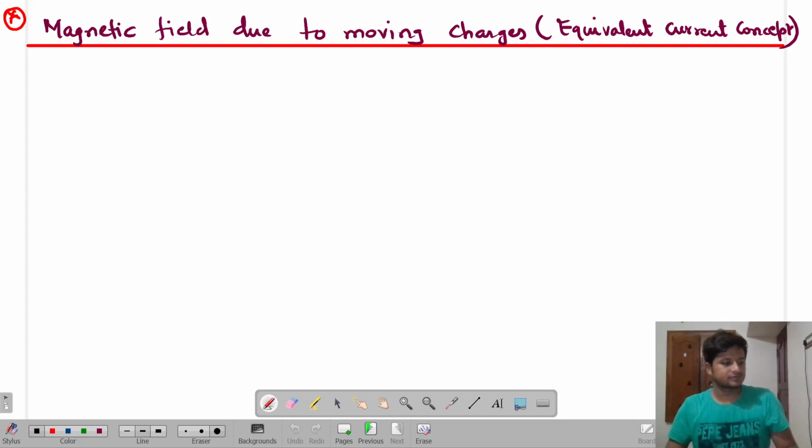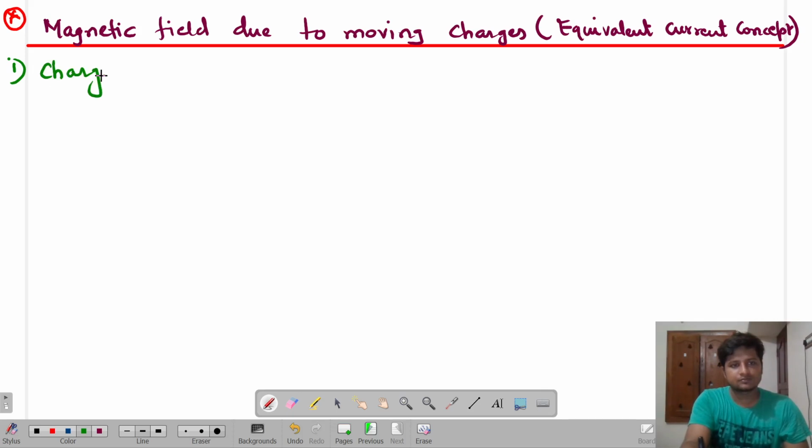Got it or not? So first case, now earlier the charges were moving randomly here and there, but now we'll start considering a special kind of movement of charges. The first one is a charge moving on a circle.